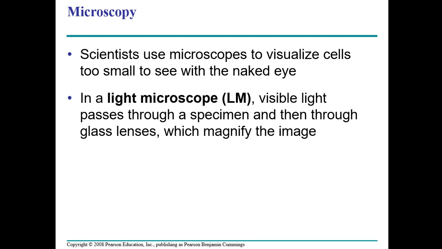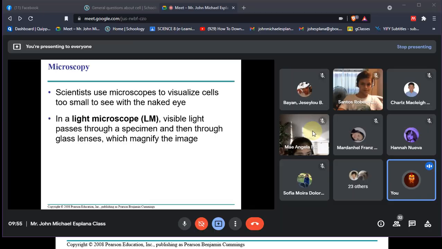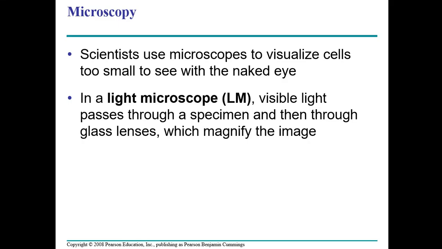The specimen is the subject under study, say for example a cell. Okay, the compound light microscope uses two or more lenses. Diba sa compound light microscope, what are the two lenses there? Can you give me the two lenses of the compound light microscope?